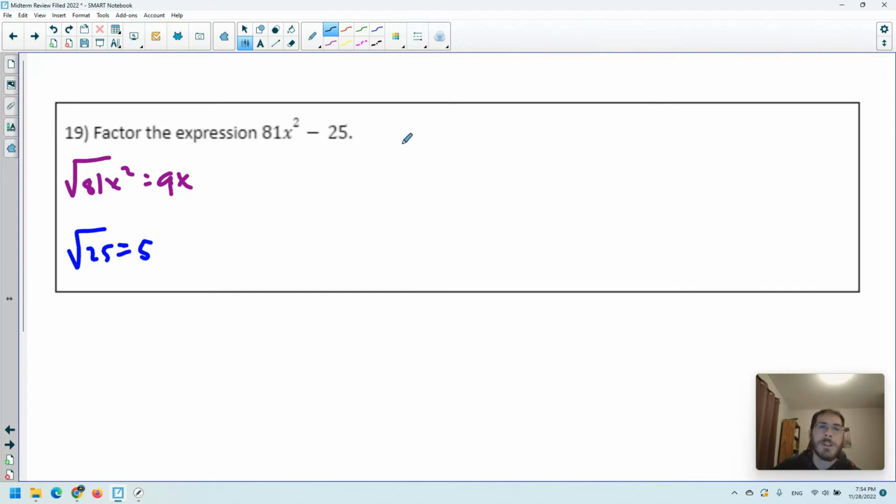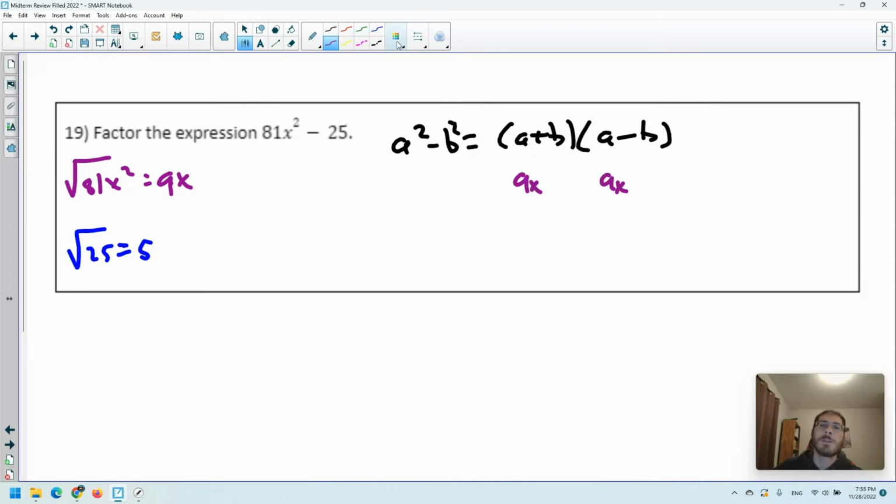And we want to take advantage of the fact that a squared minus b squared is a plus b, a minus b. So we're going to go ahead and just use this as 9x for the a's, and then plus 5, minus 5. That's it. We're all set.